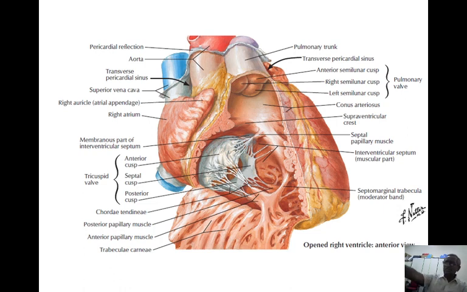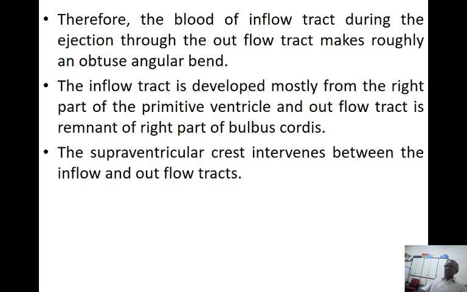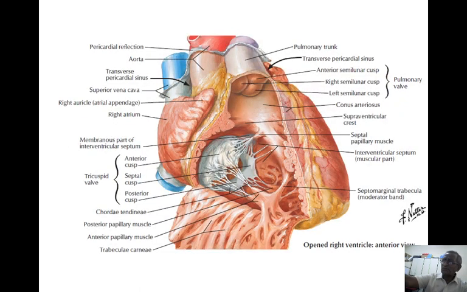Here, the supraventricular crest is an embryological remnant, which we will discuss later. Now, the blood of the inflow tract during ejection through the outflow tract makes a rough obtuse angular bend. From here it is making a rough obtuse, not acute, angular bend.